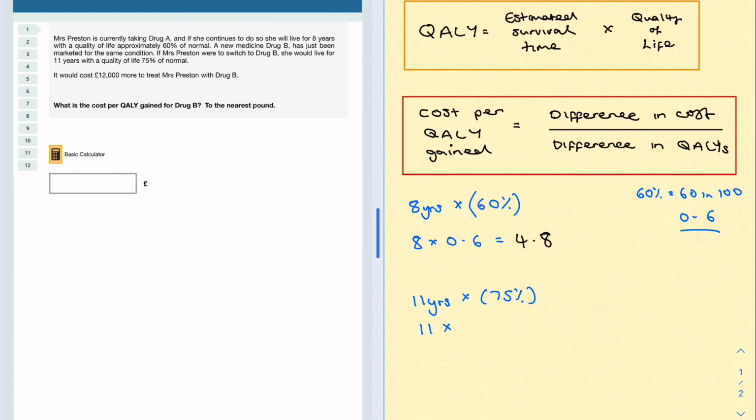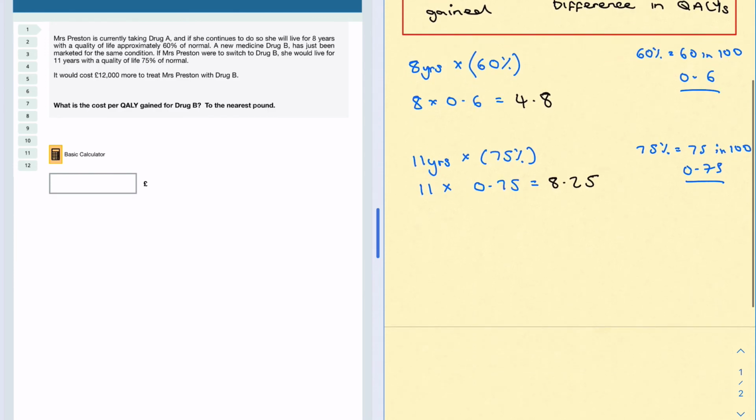We're going to convert that 75% to 0.75, a numerical value. 75% equals 75 in 100, which is 0.75. 11 times 0.75 is 8.25, and that there, folks, are our QALYs. So I'm just going to write here so we know QALYs.